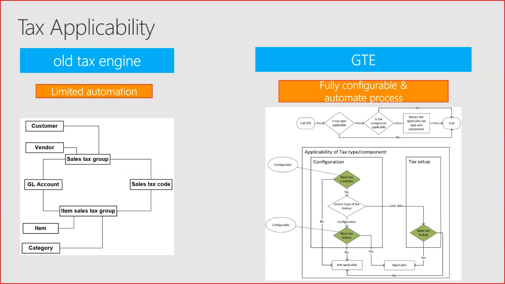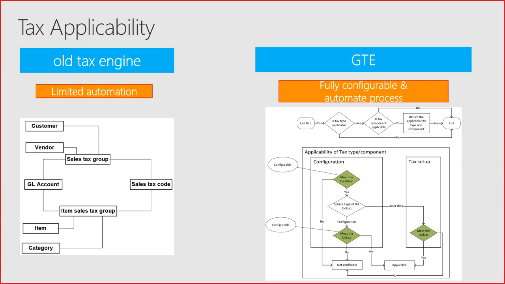If you check the right side, GTE is a fully configurable and automated process. On the top is a high-level flowchart for how GTE determines the applicable tax type and tax component. When you call GTE to calculate the tax, we have a concept called tax type.